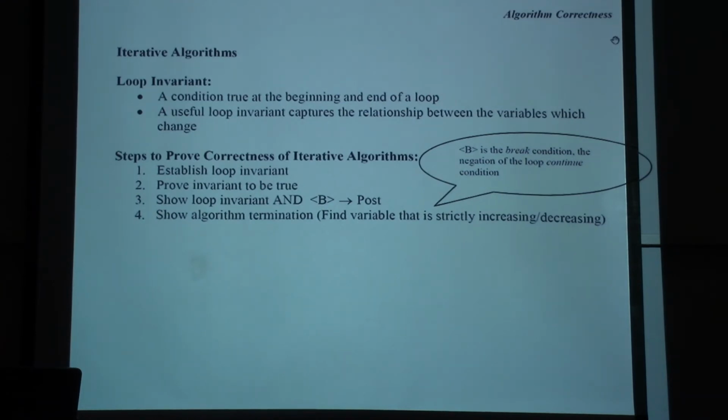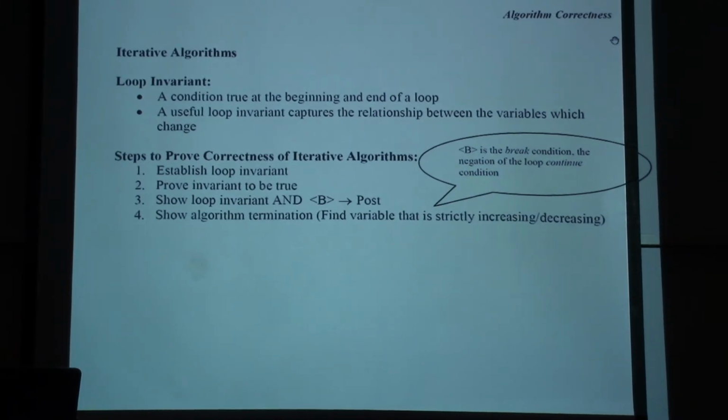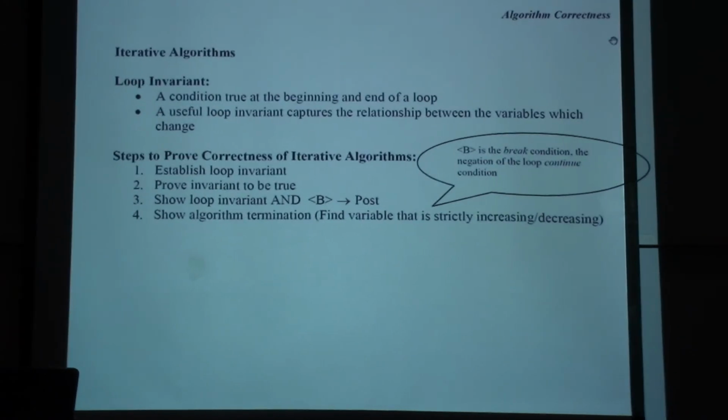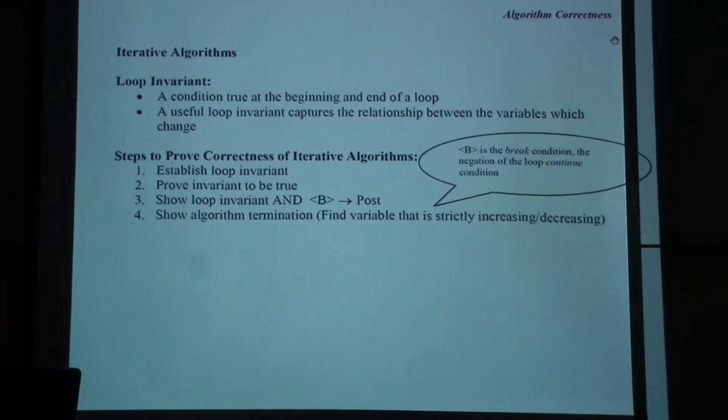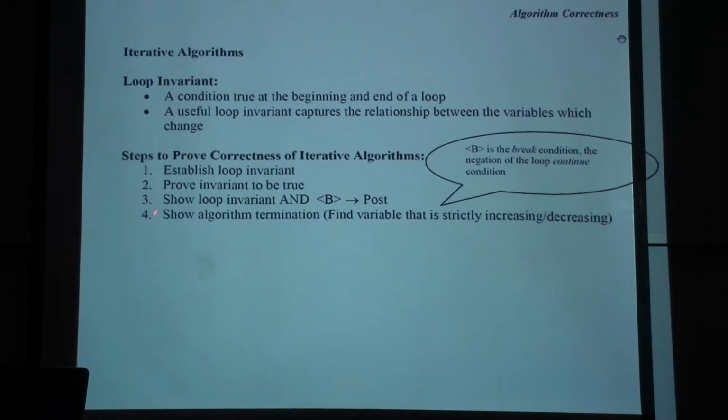So the loop invariant will be true before each loop iteration and before the iteration that doesn't happen because the loop is finished. That's what a loop invariant is. The loop invariant captures a relationship between the variables which change, and actually the loop invariant will be a generalization of the postcondition.